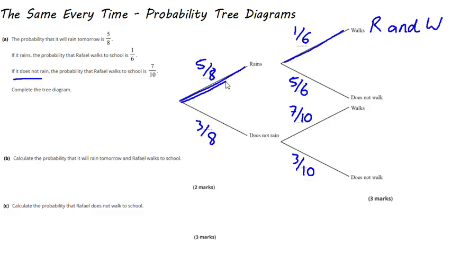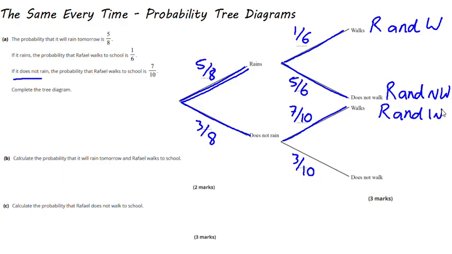The second option, still up the rain branch there, but we're going along now the does not walk branch, so rain and does not walk, and then does not rain and walks. Takes a few seconds to write down all these options, but it's worth doing to clarify everything in your mind. And then the last option, does not rain, does not walk, so that's not rain and not walk.